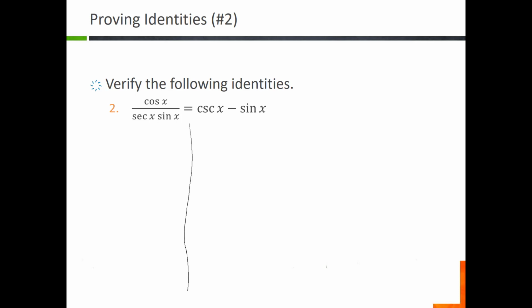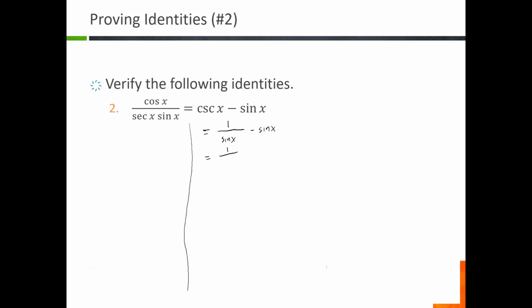So let's start with the right side just for fun here. I have a cosecant x minus sine x. The only thing I can do with that is I know cosecant is the same thing as 1 over sine x. So we have 1 over sine x minus another sine x, and if you're doing a fraction and a whole number, you need a common denominator.